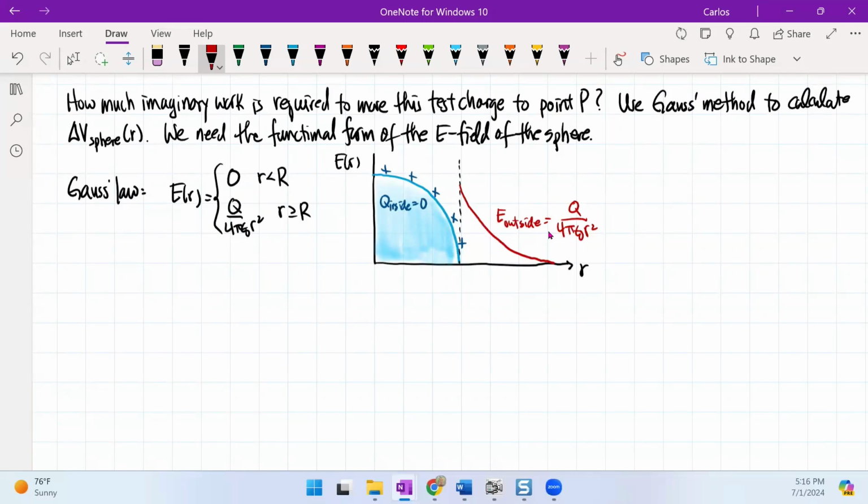And then as soon as I get inside, the field drops almost instantaneously to 0. So inside here, we expect the field to be 0 because Gauss's law encloses no charge. And so the field looks like this. So now I'm ready.